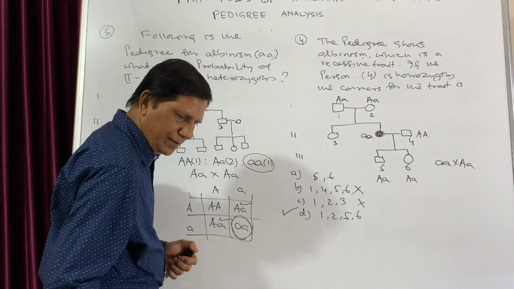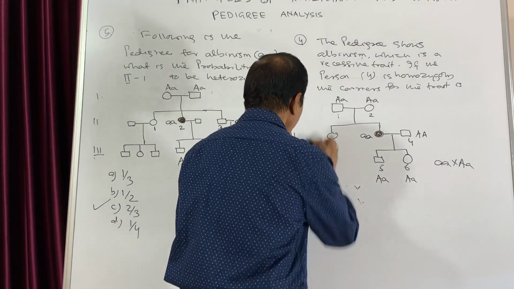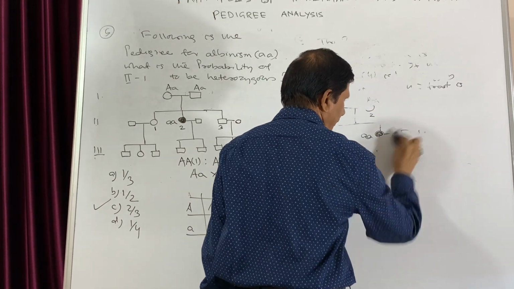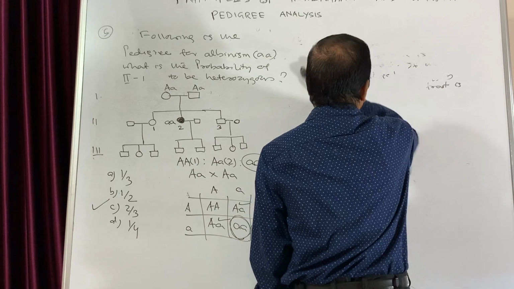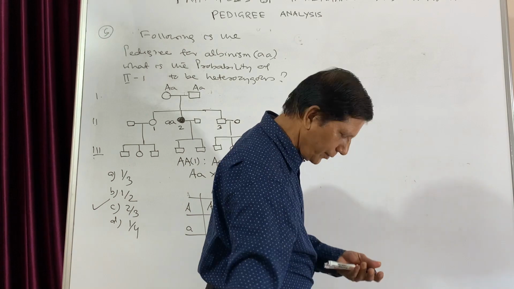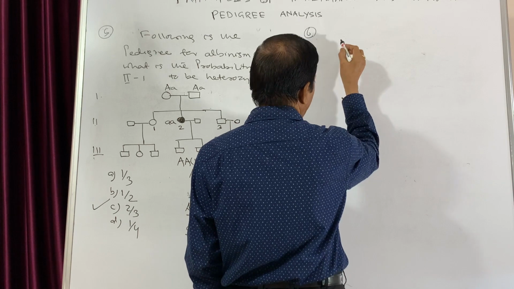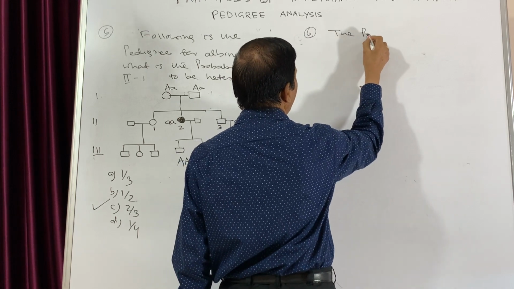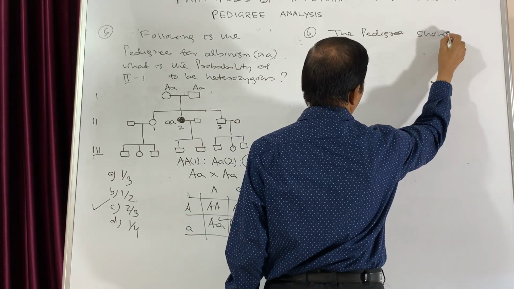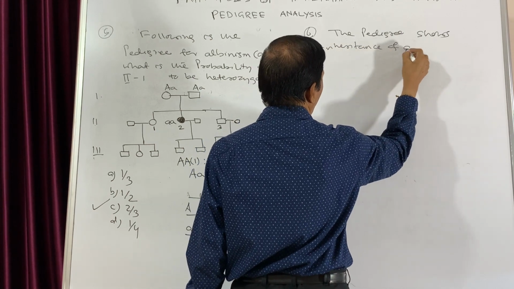Now let us discuss another question. Question number 6. So the pedigree shows inheritance of autosomal recessive.